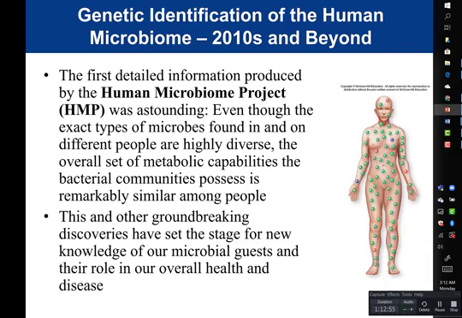This and other groundbreaking discoveries have set the stage for new knowledge of our microbial guests and their role in overall health and disease. An interesting example of this was that they found that babies born via C-section, cesarean section, versus babies born vaginally had very different types of bacteria as part of their normal flora.